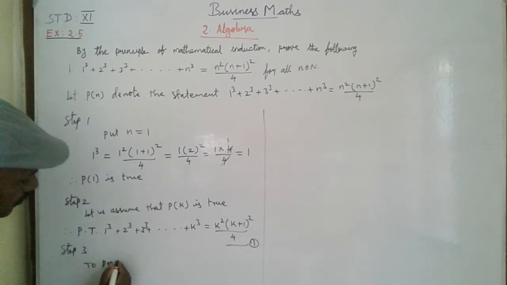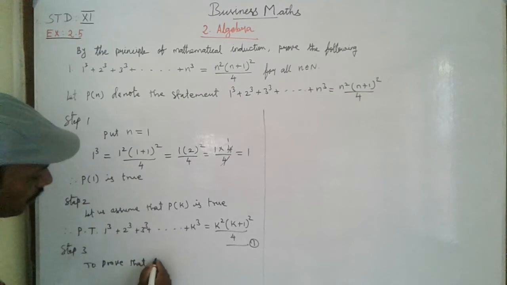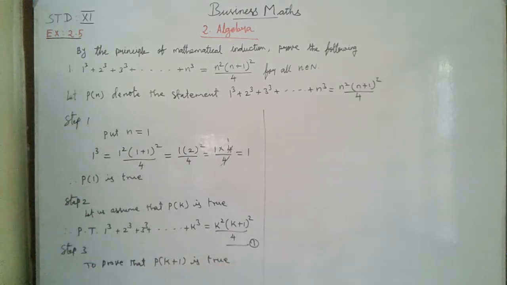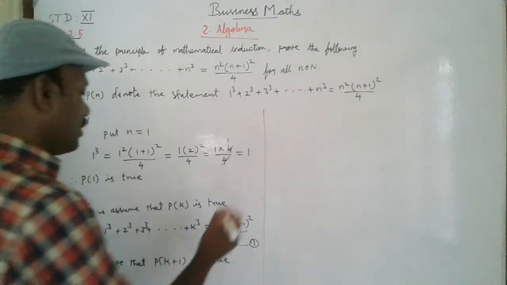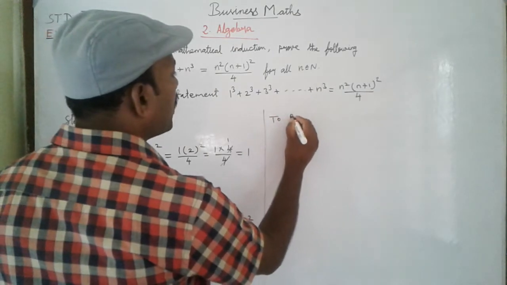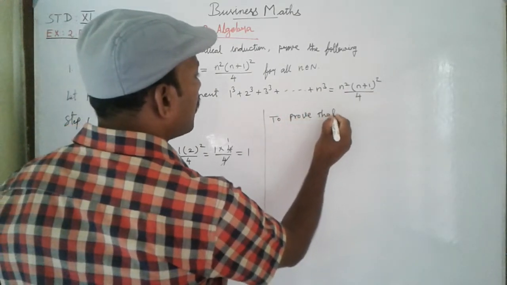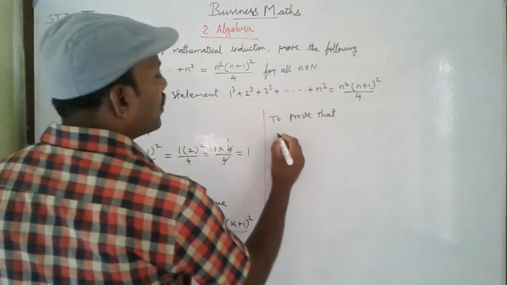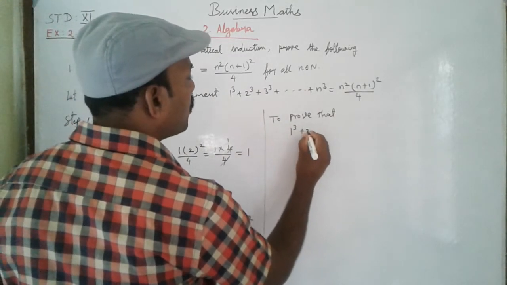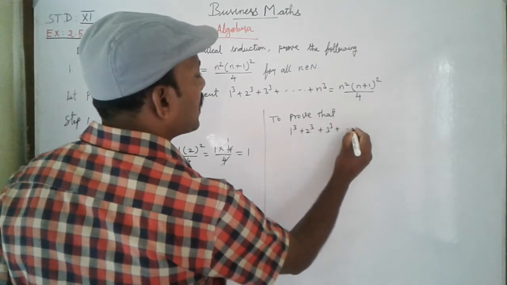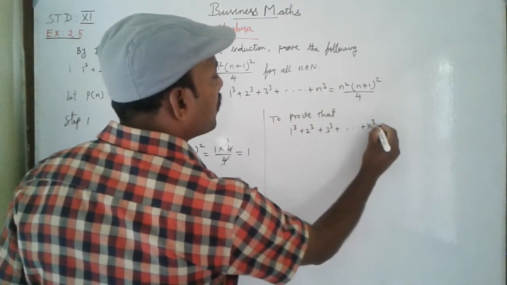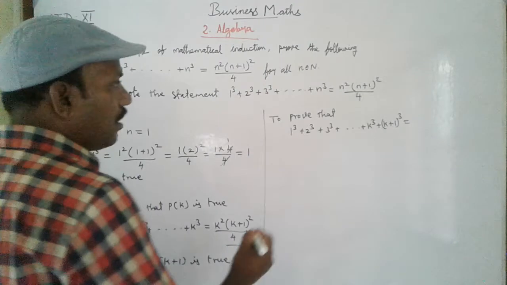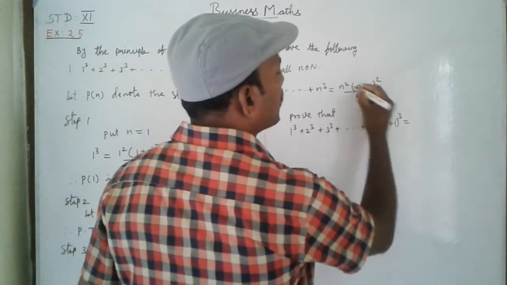To prove that P of k plus 1 is true, we should substitute this value here. 1 cube plus 2 cube plus 3 cube plus etc plus k cube plus (k plus 1) whole cube equals, n is what?